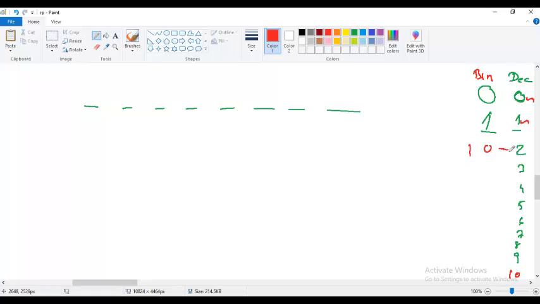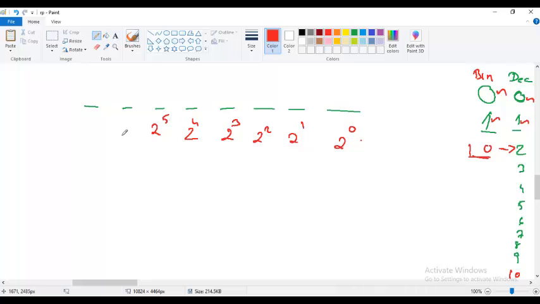That's why we put 2 to the power of 0, 2 to the power of 1, 2 to the power of 2. 0th place, 1st place, 2nd place, 3rd place, 4th place, 5th place, 6th place, and 7th place. 2 to the power of 0 to 2 to the power of 7.